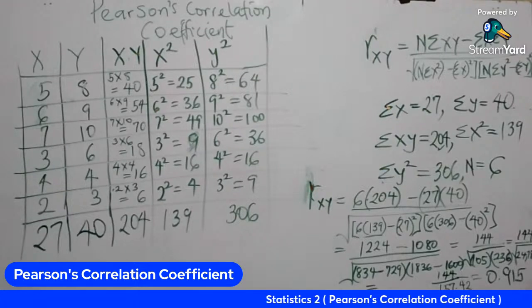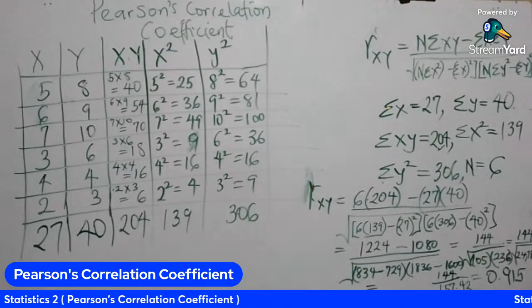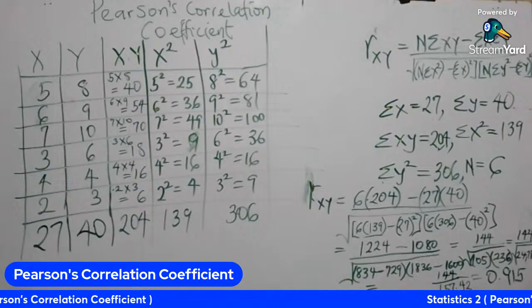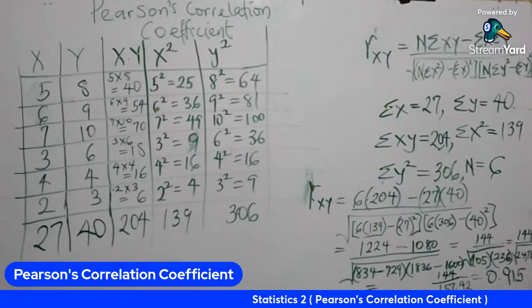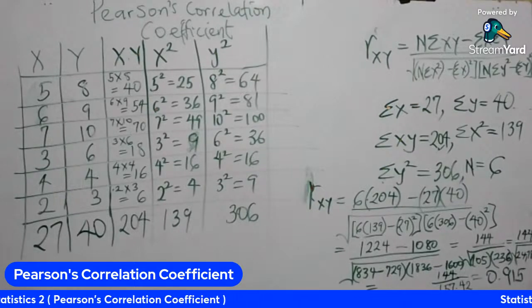So with this now, we can make a little bit of interpretation. Like I said at the beginning, the question is telling us that we should compute the Pearson correlation coefficient of a family income.